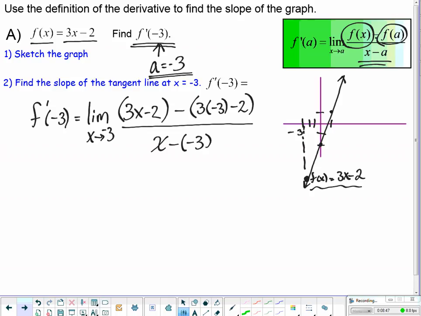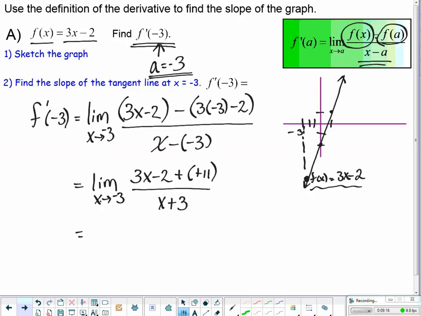All right, we have everything set up. Now it's just a matter of simplifying out our limit and trying to come up with its solution. So 3x minus 2, minus, inside I have -9 minus 2 is a -11, and all over x plus 3. This minus will go to a plus.